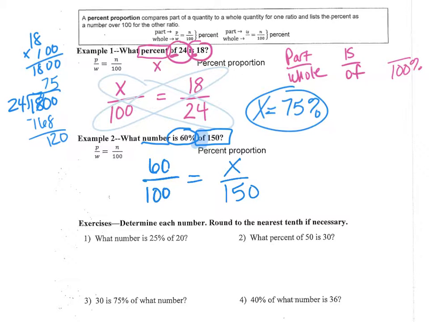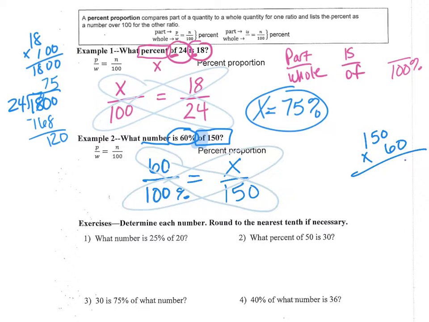I don't know what 60% of that number is right now. So you do 150 divided by 60? No, you do 150 times 60. We're going to cross multiply. So 150 times the 60 and then divide by 100.